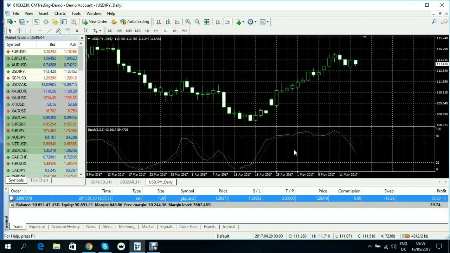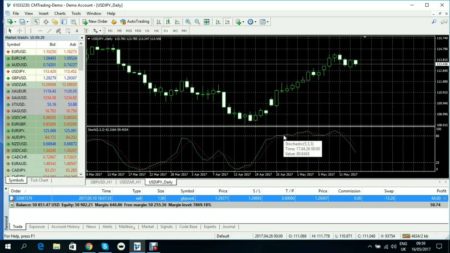Alright, when the stochastic lines cross above 80, for example here, it can stay there for long, even meeting 100 before coming down.